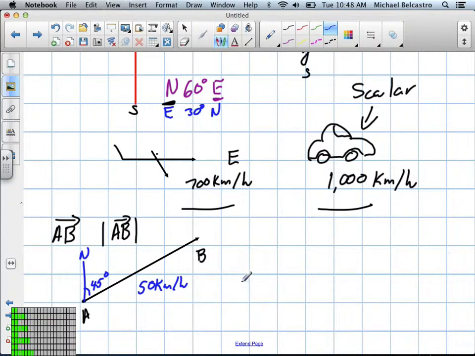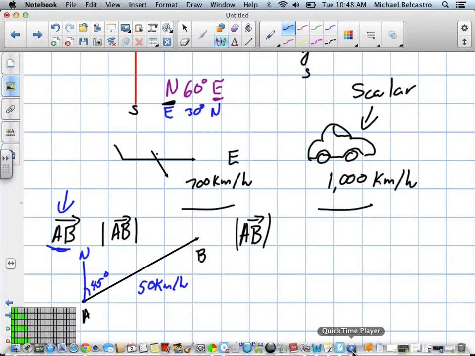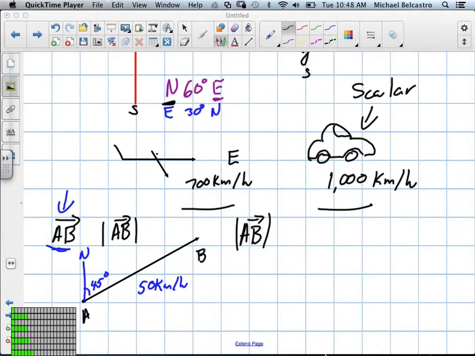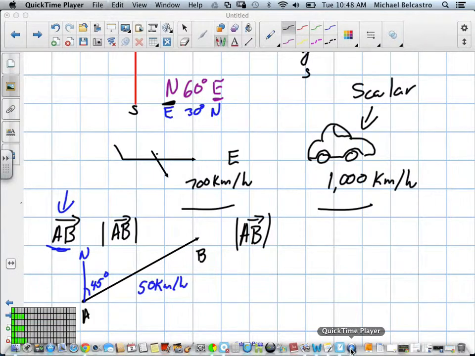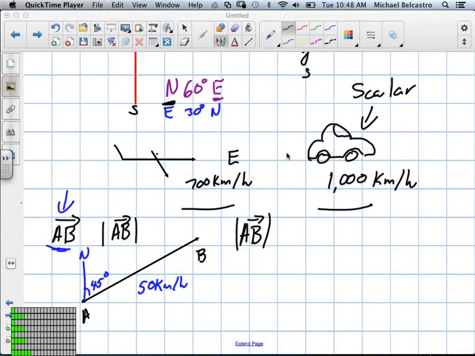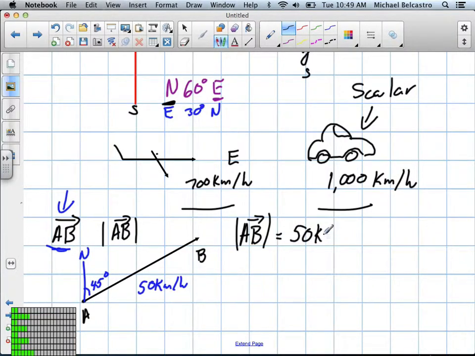That would help me describe this notation of the vector. But if I have the absolute value, or the magnitude of vector AB, the magnitude of this vector AB would be simply 50 kilometers an hour.